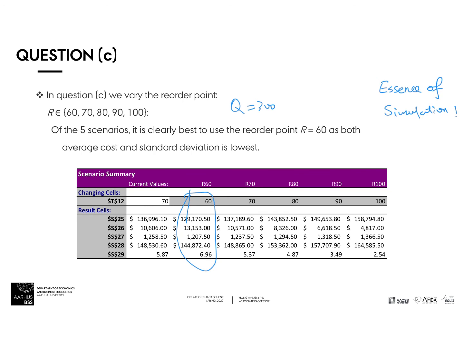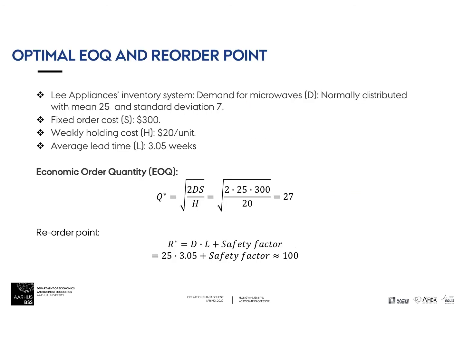So we can think about what the EOQ is in this problem and what the safety stock level should be, and then check with these analytical solutions to see if the analytical solution performs the best. So continue with this exercise 10.24. If you calculate the economic order quantity, which is 27, now we need to calculate the average lead time, and then a weekly holding cost and a fixed ordering cost.